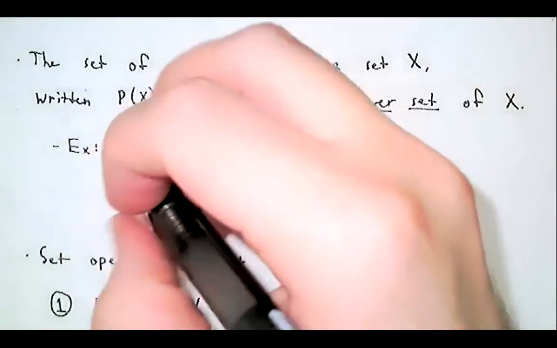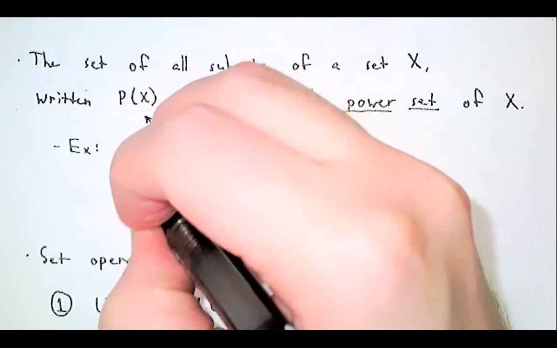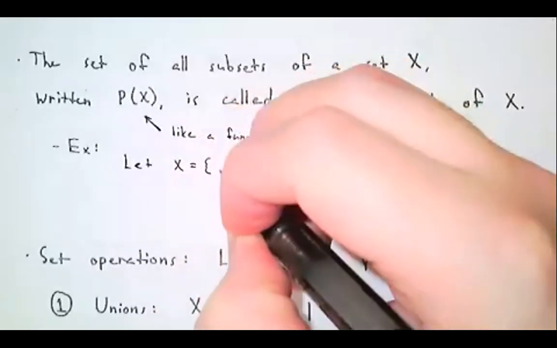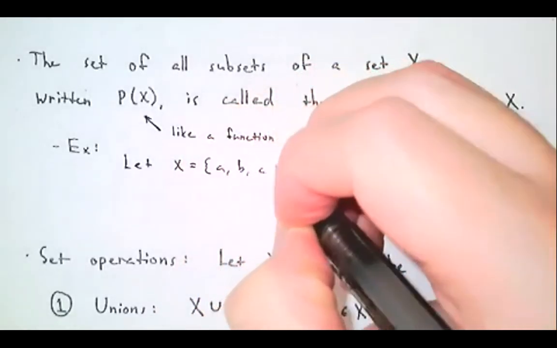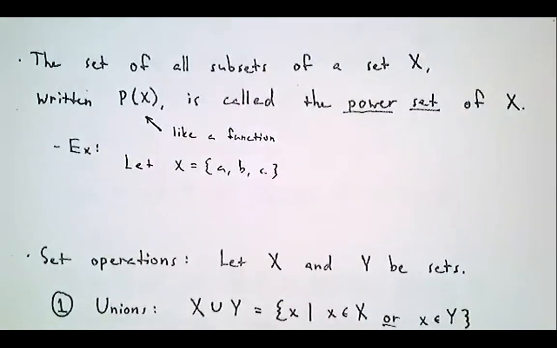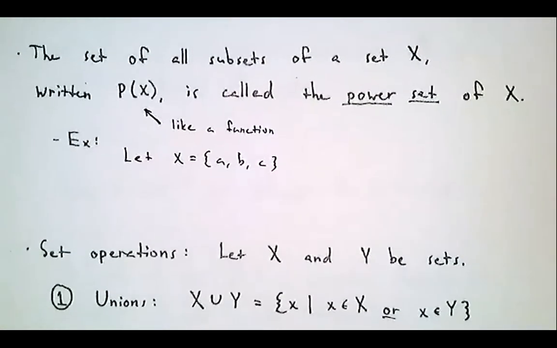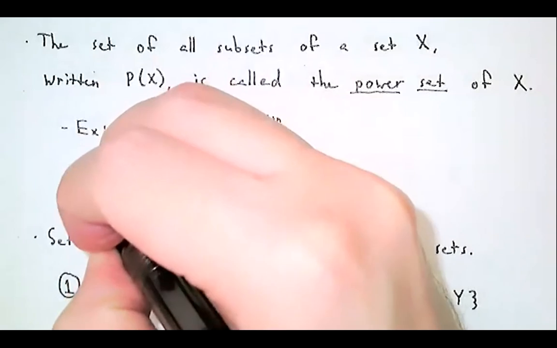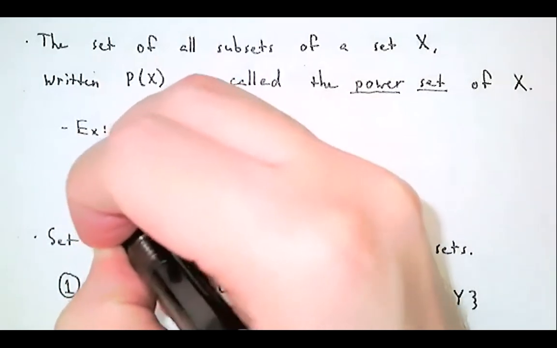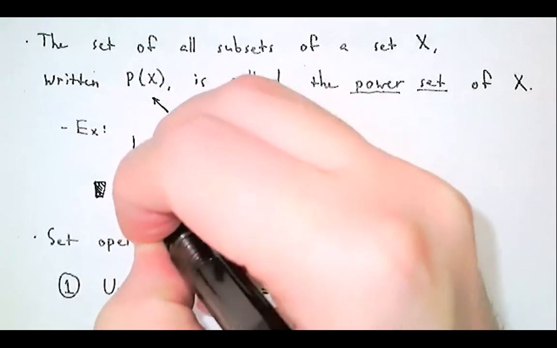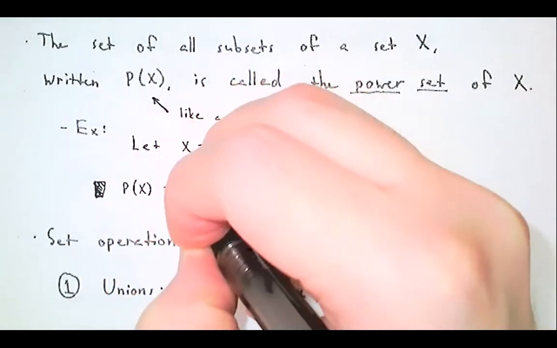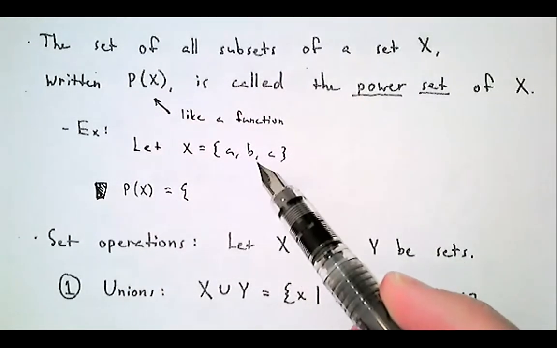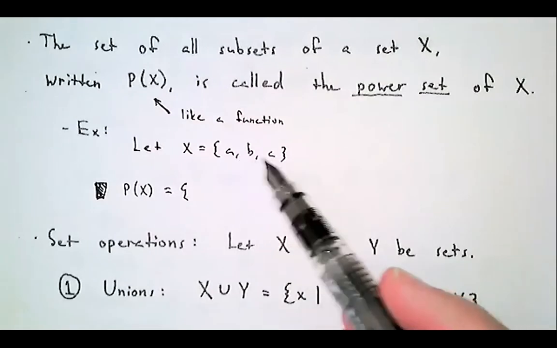So let's think through, for a small set, what the power set looks like. We'll do one with just 3 elements in it, the letters A, B, and C. So the power set of X is a set of all of the subsets of this set. So what subsets can you make out of these 3 elements?